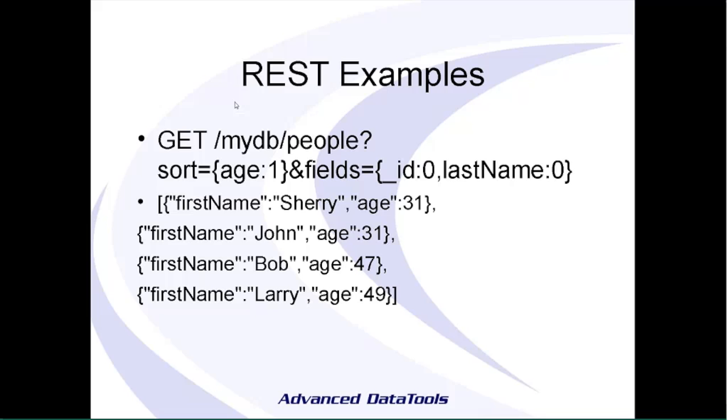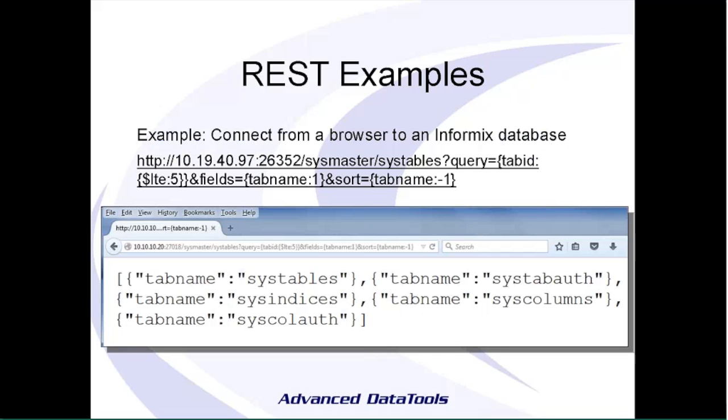So another way, and many of us have seen SysMaster, you can connect directly from a browser because all it is is a TCP connection that just returns the data in raw form. So you can go in, you can connect to your Informix REST listener. You notice this one I have running on 26352, Mongo's on 26351. These are entirely arbitrary ports.